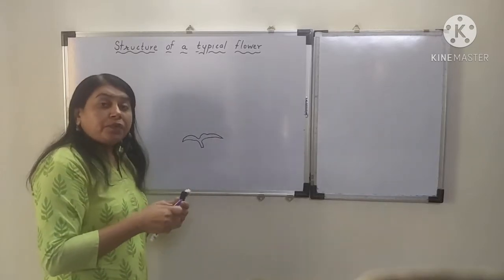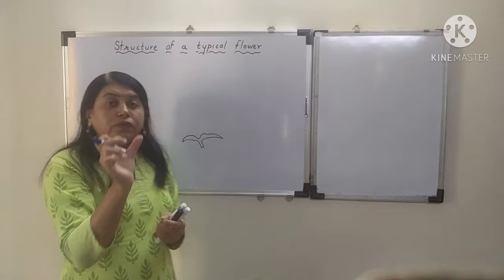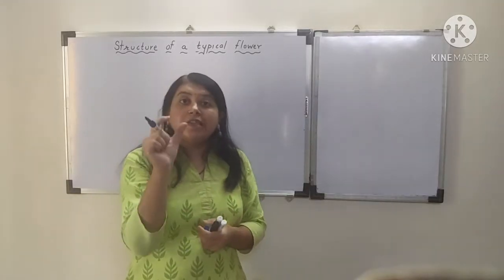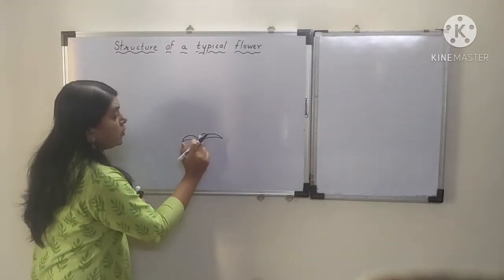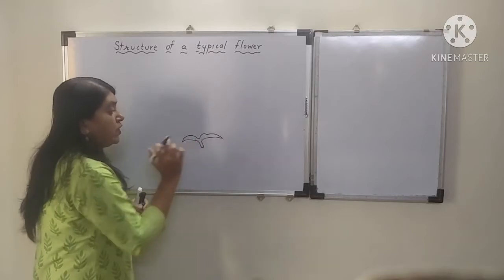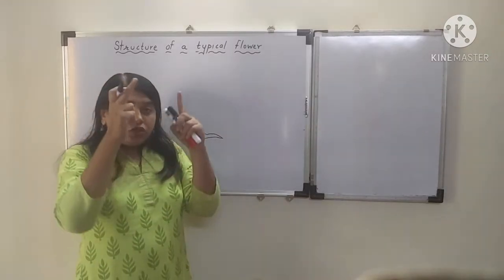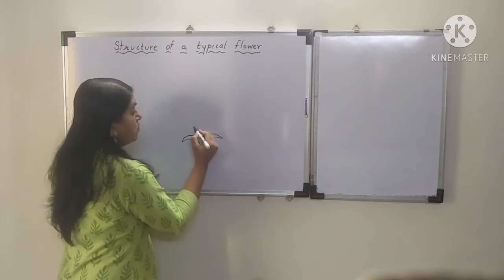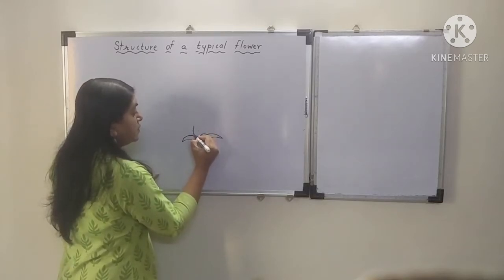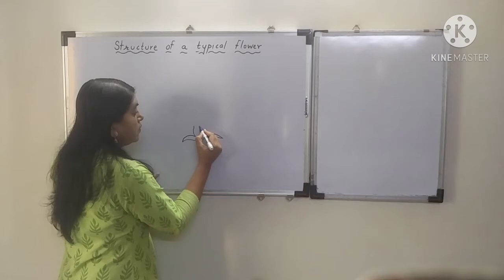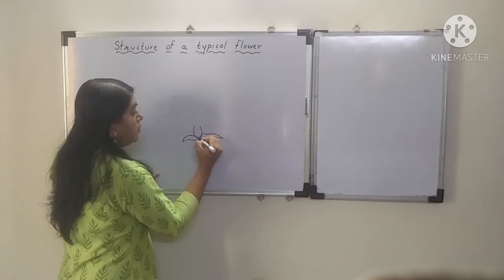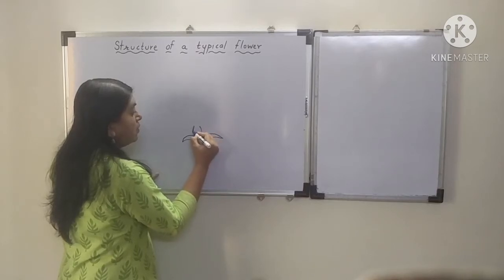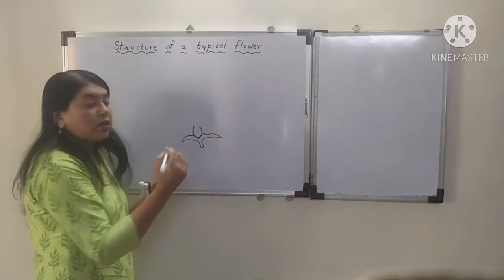Okay. Then in the center of the flower you will show the stigma. See, you will make a notch over here such that in that notch you will fit in the ovary of the flower. So let us make it like this. A small bulb-like structure, you will draw it like this.